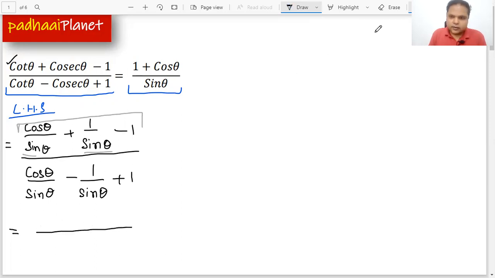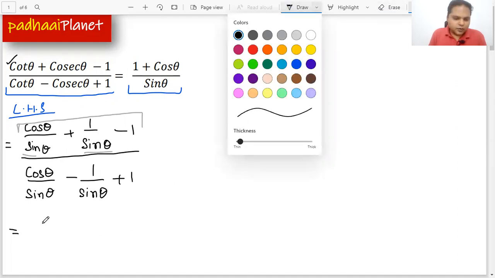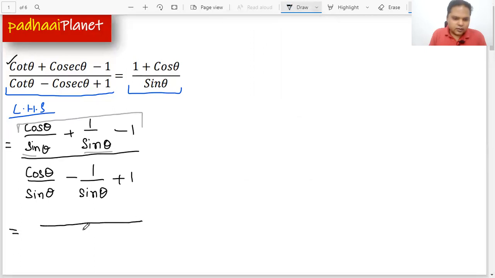This is the numerator. Okay, I think I am running short of space here. So anyways, this is the numerator, the common denominator.